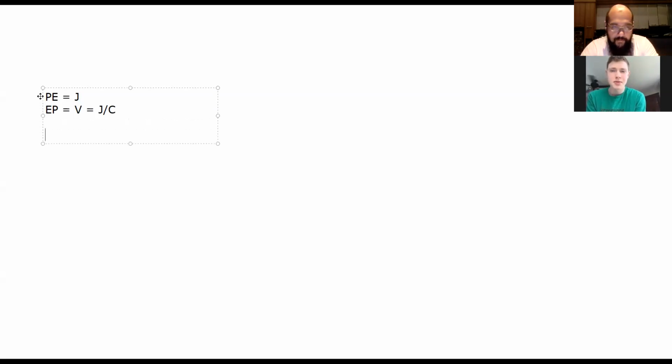Voltage is basically how many joules you need to apply to each unit of charge. It's difficult to think of it in terms of absolutes, because voltage is always a potential difference.